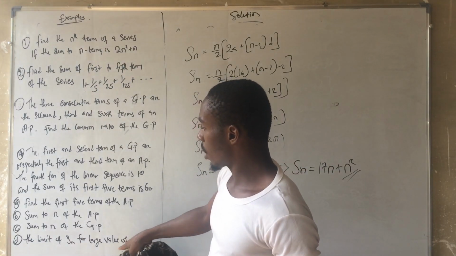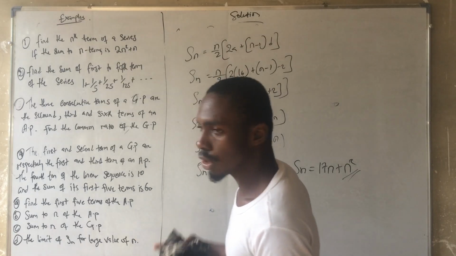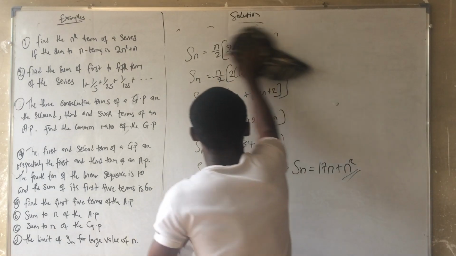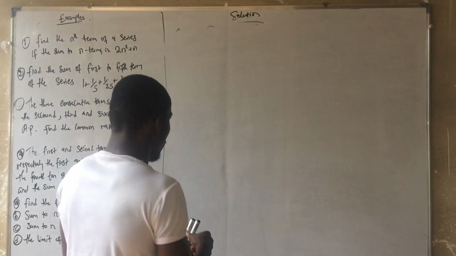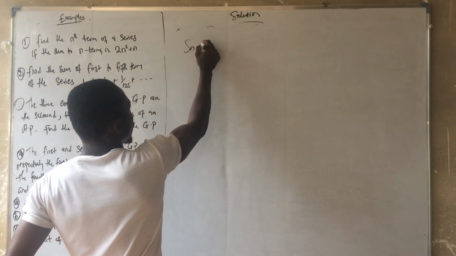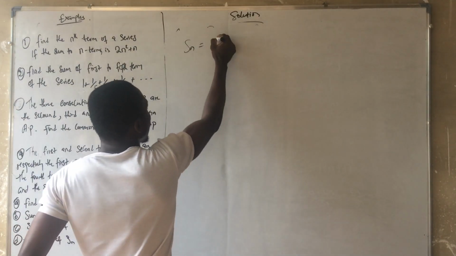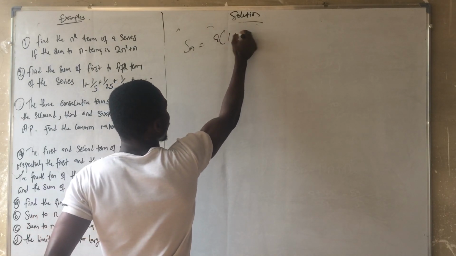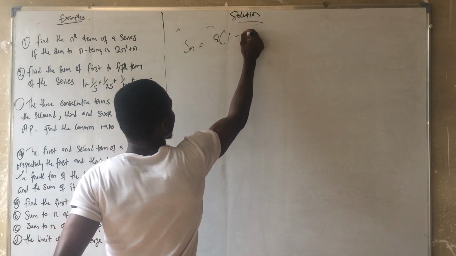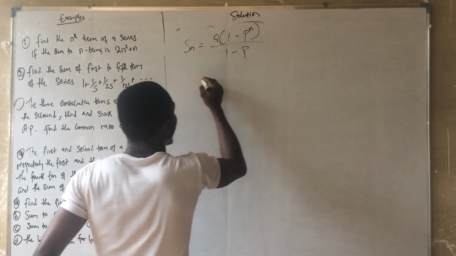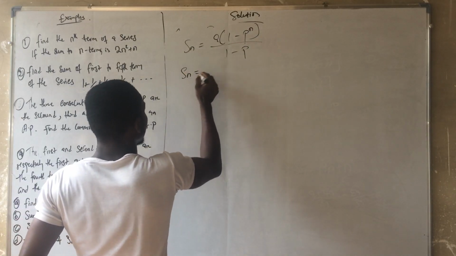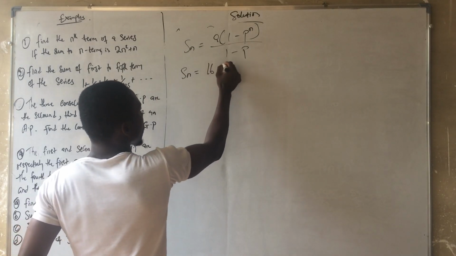Now the next one is the sum to n of the GP. The sum to n of a GP is equal to A bracket 1 minus r raised to power n all over 1 minus r. What is our A? Our A is 16.